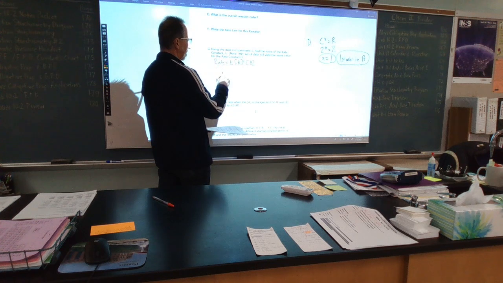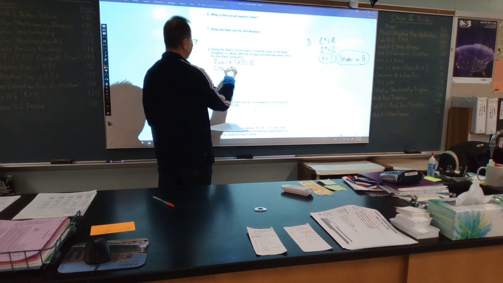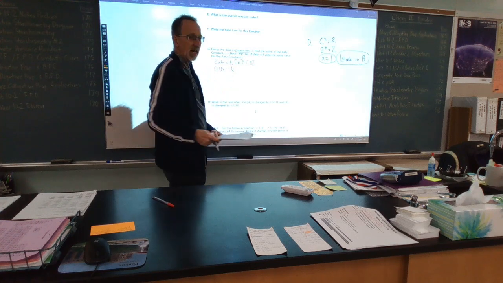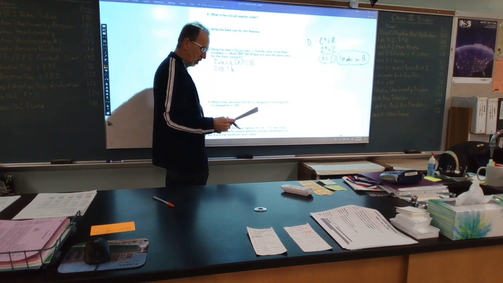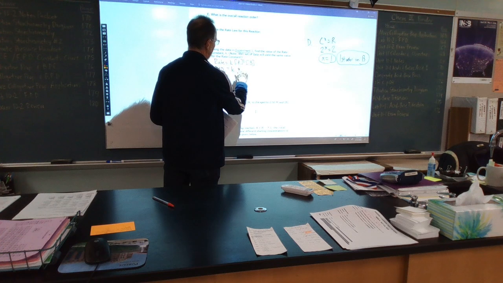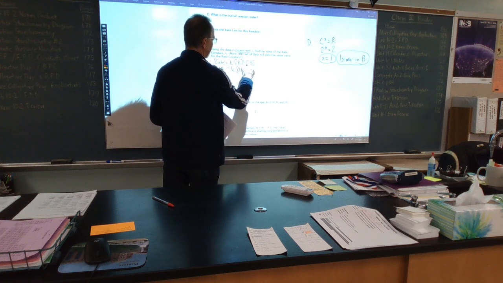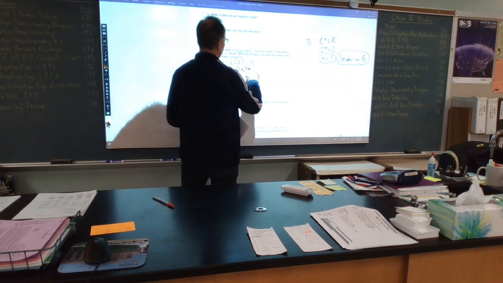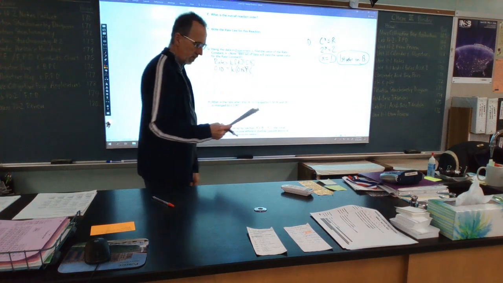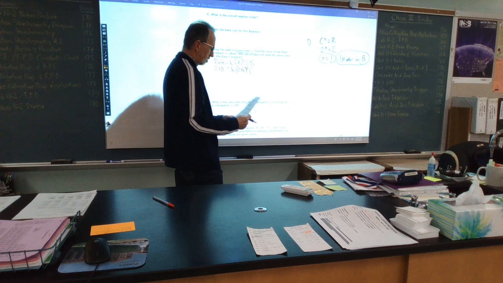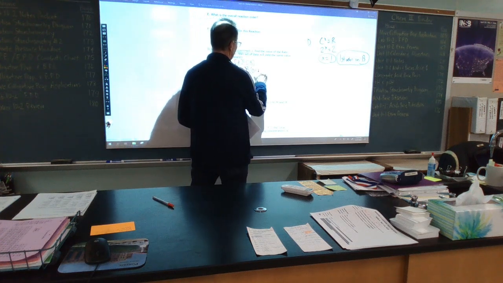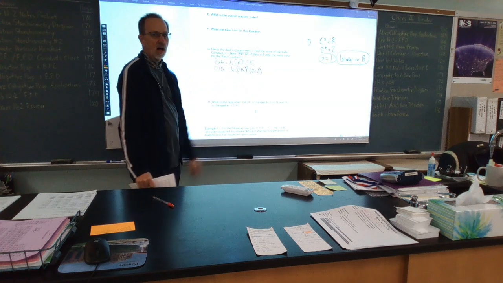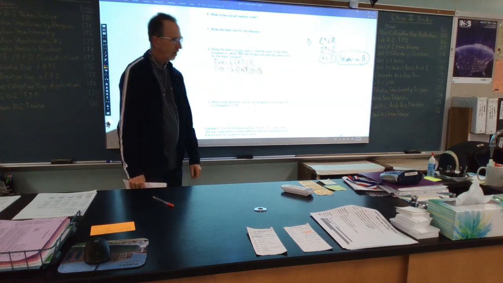So the rate in experiment 1 was 0.10. We're looking for K. The concentration of A in experiment 1, we said, was 0.15. That is squared. Here's where you've got to pay attention to the reaction orders. And the concentration of B in experiment 1 was 0.12. We have all the numbers we need to solve for K. All right?